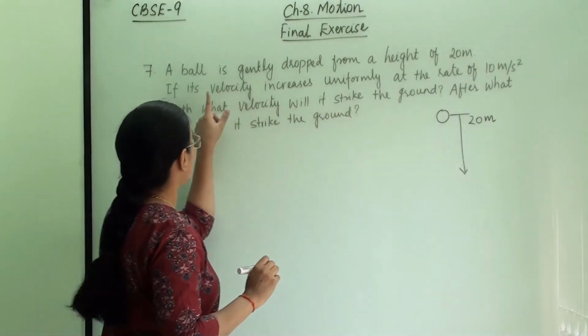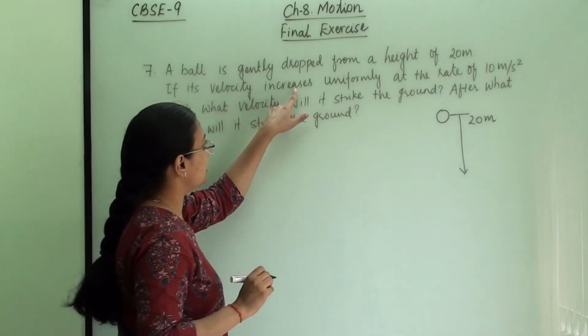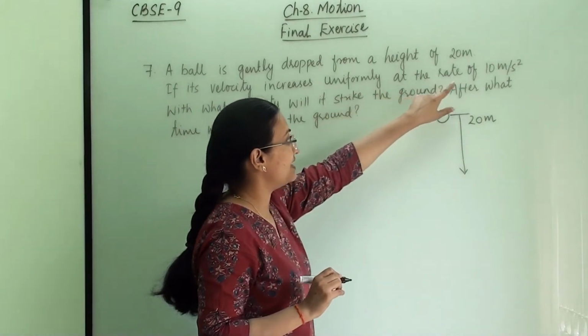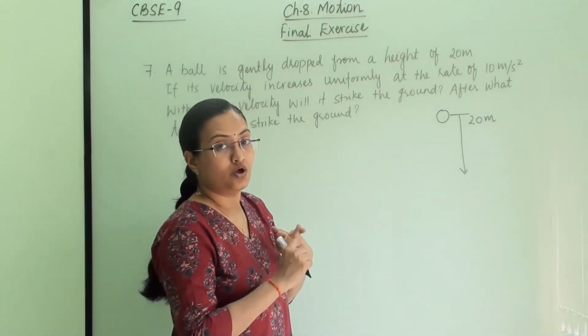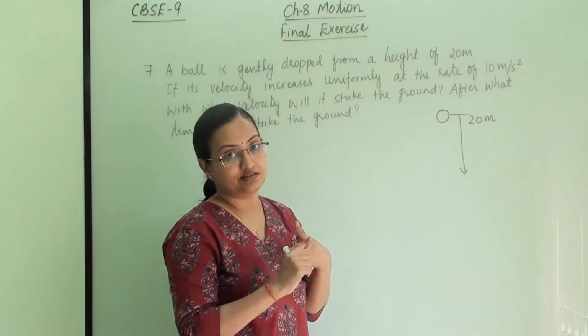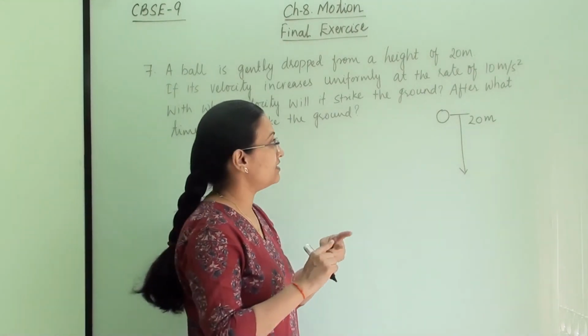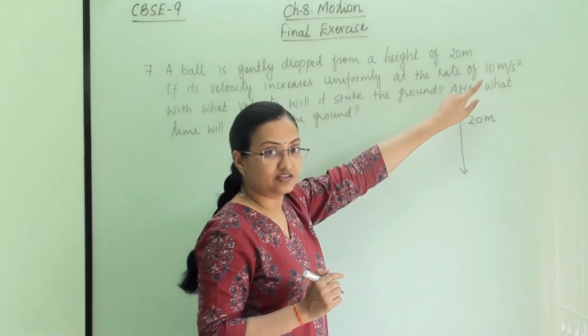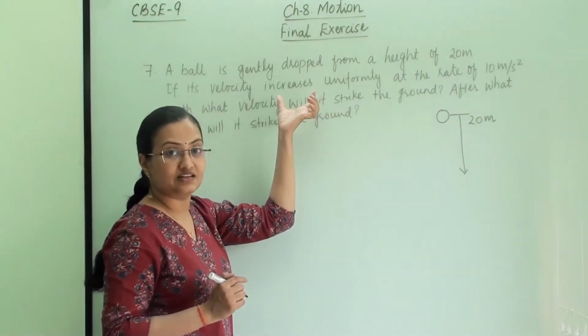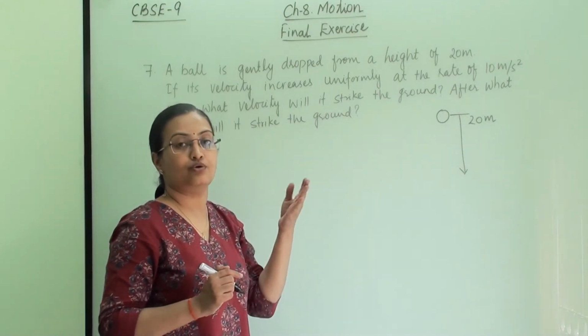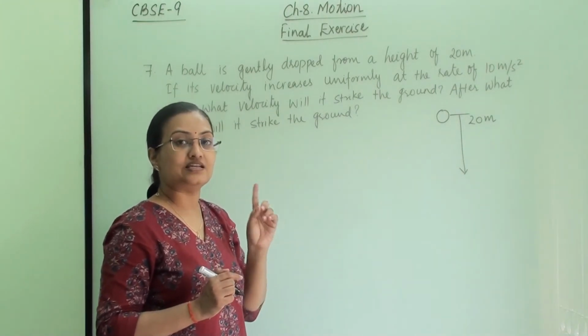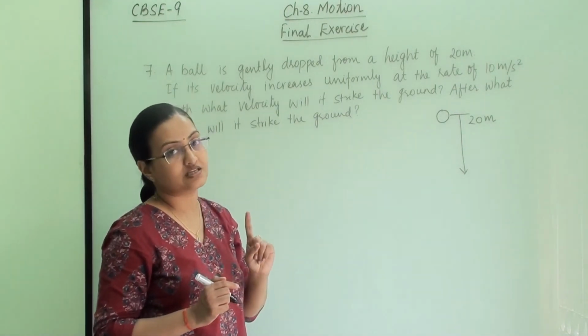Now they are saying that its velocity increases uniformly at the rate of this. Whether this is a velocity or an acceleration, how to check that? First, you can check whether they have said increasing velocity or decreasing velocity. When there is a change in velocity, it is acceleration.